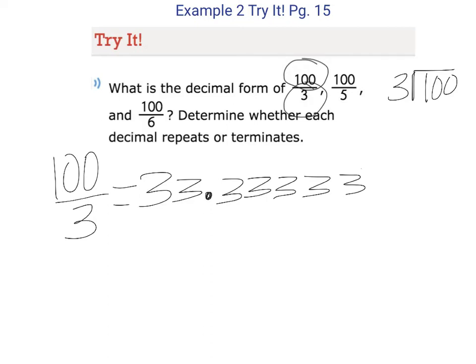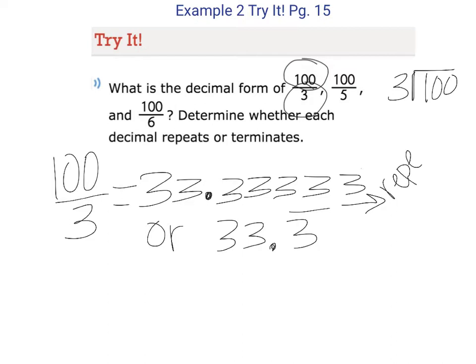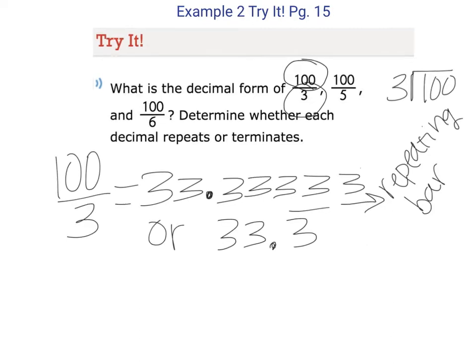The correct way is to write 33.3 with a repeating bar. If a number repeats, you can do this repeating bar. So 100 over 3 as a decimal is 33.3 with a repeating bar over the 3.